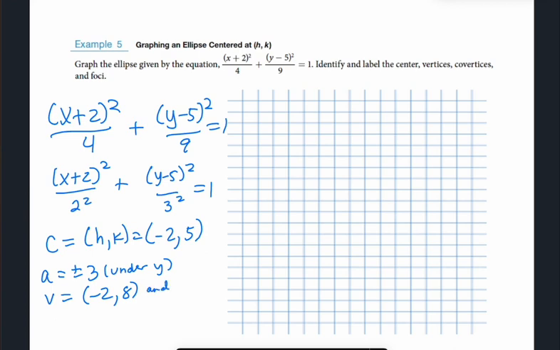What's our second one? Well, we have to subtract 3 from our y value. So that's negative 2, 2. So I added 3 to my 5. That's where I got the 8. And I subtracted 3 from my y value of 5. And that's where I got the 2.